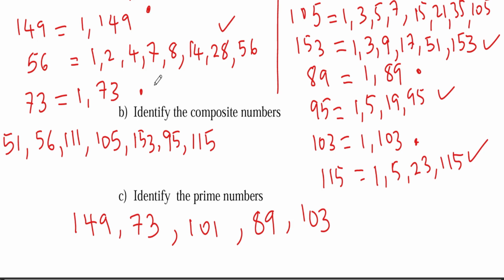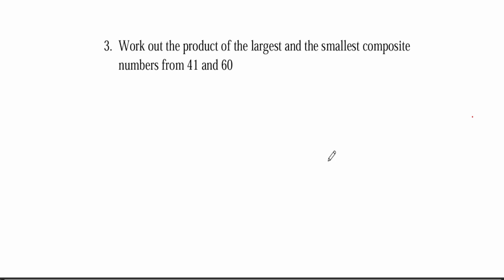Is this the last question really? Okay, this is the last question. Work out the product of the largest and the smallest composite numbers from 41 to 60. So they don't include prime numbers. The largest one is the one near 60, and that cannot be 59, because 59 is a prime number.